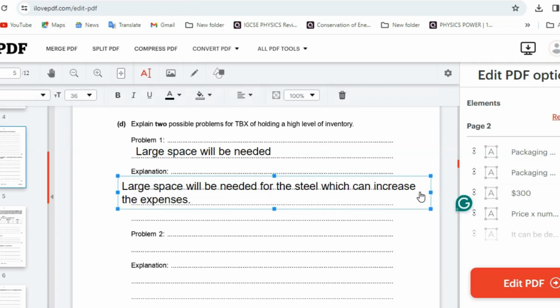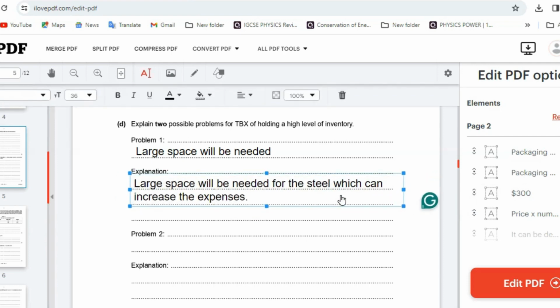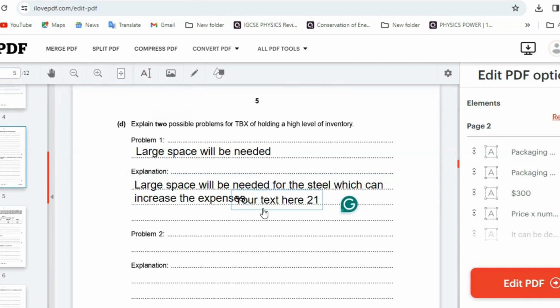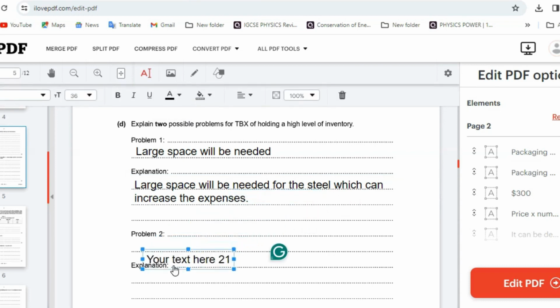Now let us move to another problem that could also arise for holding a high level of inventory. Which one comes to your mind? Of course, it can also cause the risk of damage or even wastage, and the products could rust.